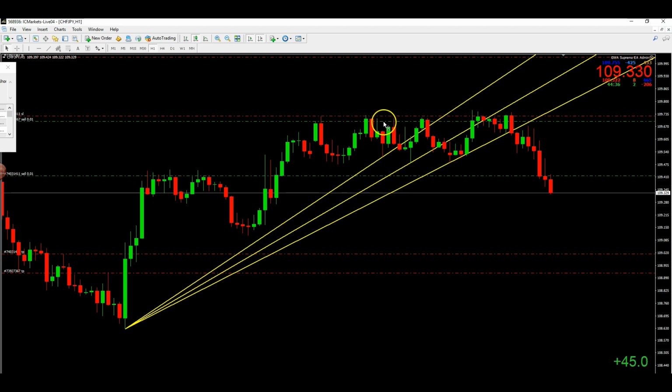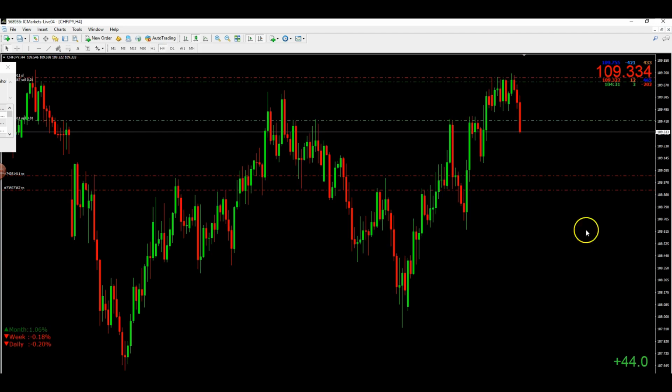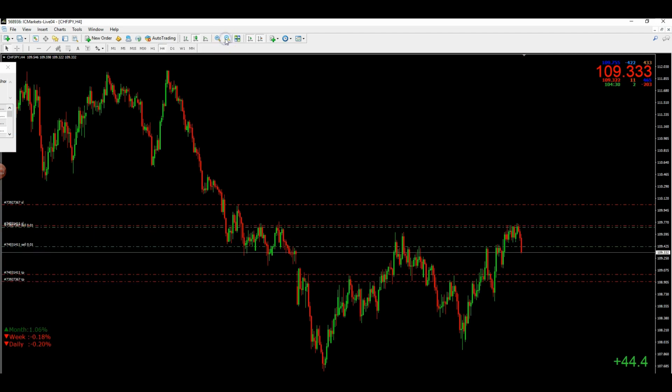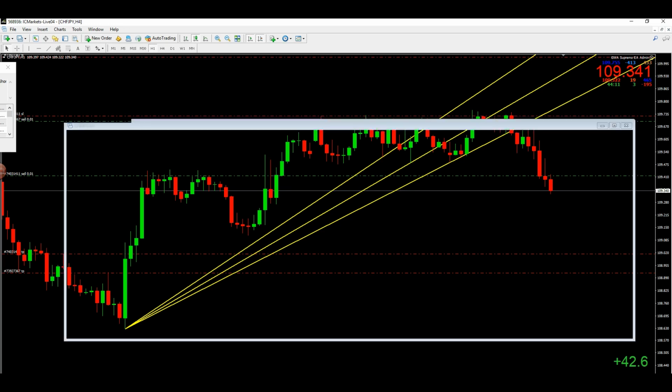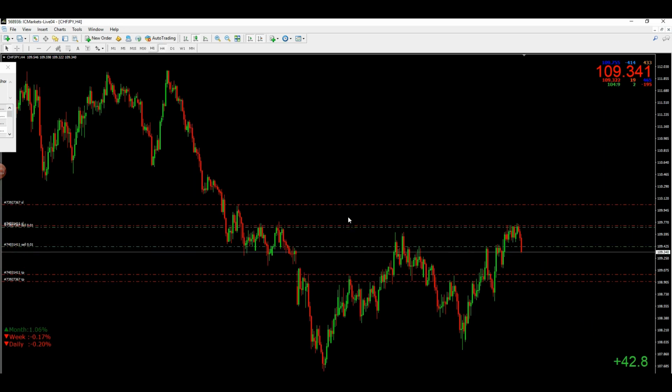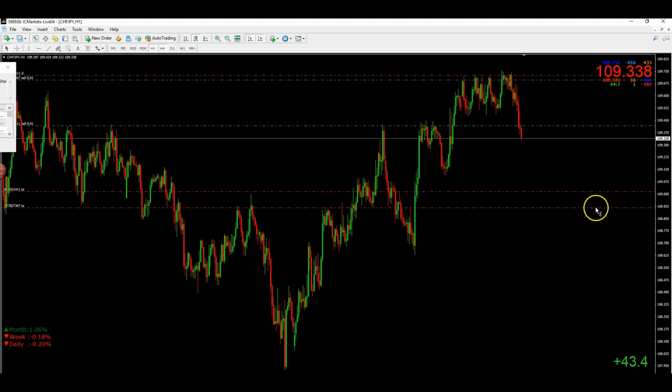I could have used structure by going to the 4 hour time frame like so. But that obviously would have meant that the next structure high would have been this point here. Now, how would you determine where to place your stop loss? Let's go back to the 1 hour time frame.